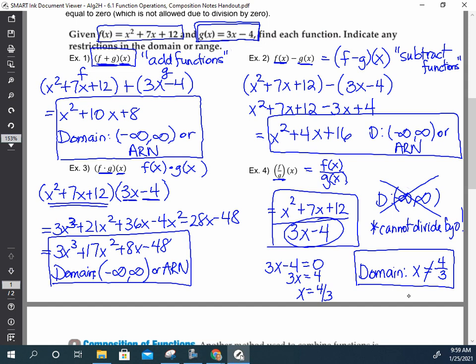You can leave it as a division problem. That part's fine. It's the domain that you have to take care of. You have two answers. One is your setup for the division, and one is your domain. You do not have to simplify it unless they ask you to use long or synthetic division.